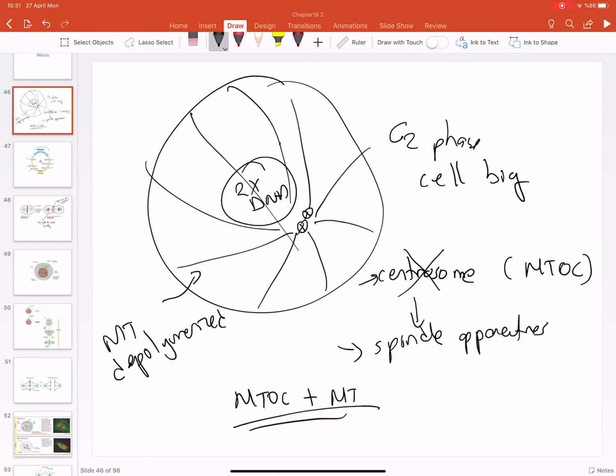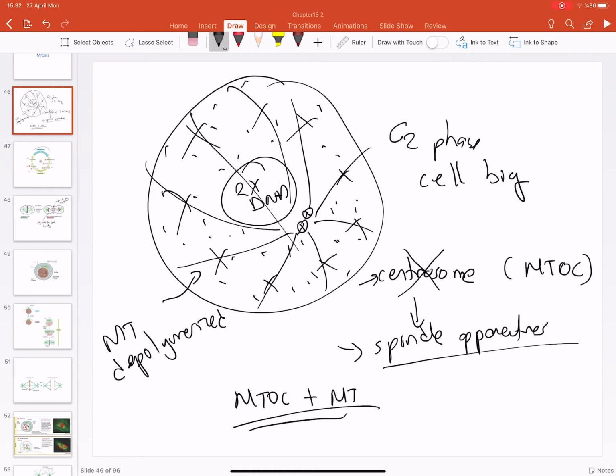And because they are depolymerized, you have lots and lots of microtubule subunits in the cell. All these alpha and beta tubulin subunits are going to be used to make the spindle apparatus. Everything will just be reorganized. This is why the M phase is so visible under the microscope. Everything is changing shape.